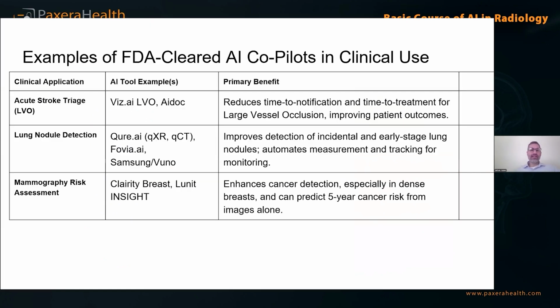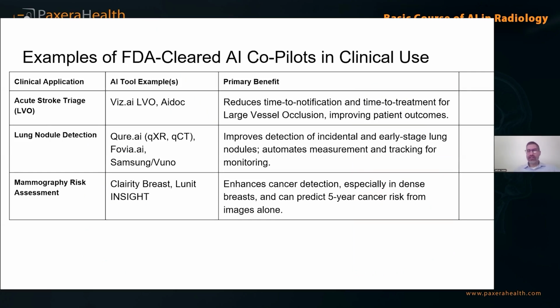And these are just an example of some of the FDA-cleared AI co-pilots in clinical use, like acute stroke triage from Viz.ai and Aidoc. So this is like from scan to table, as far as trying to reduce the stroke or thrombus in the brain.